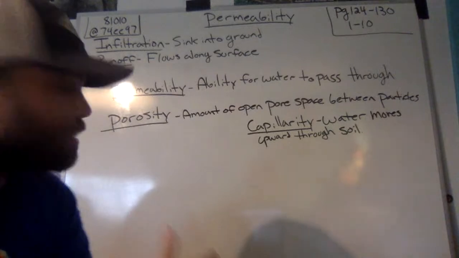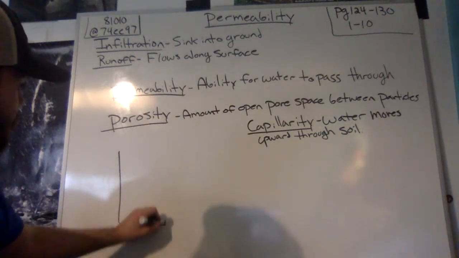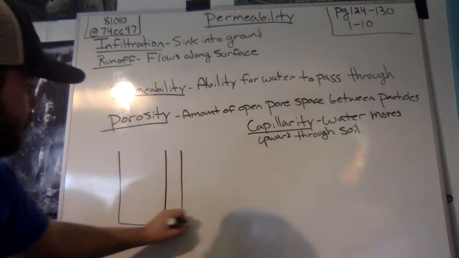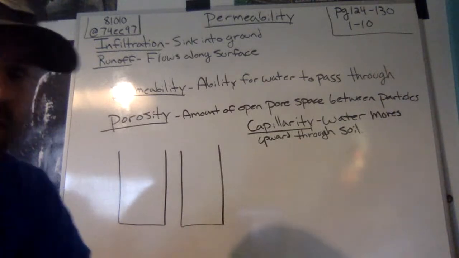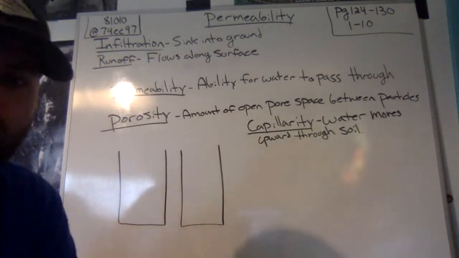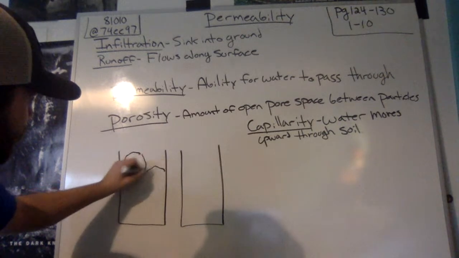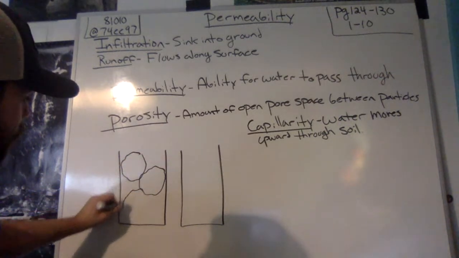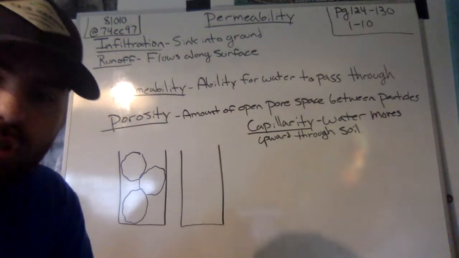And basically what happens is let's say we just have 2 beakers, okay? And when we're talking about the space in between for porosity, let's say we're using boulders, and we have these giant boulders here. If you notice, they don't really settle in nicely because they're so large.